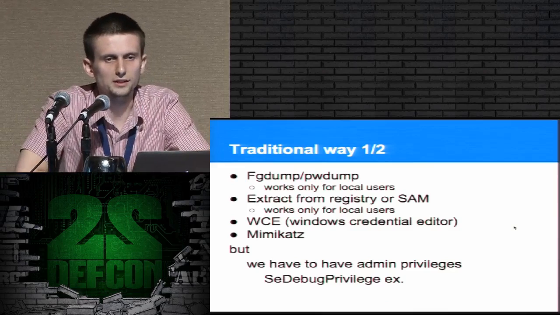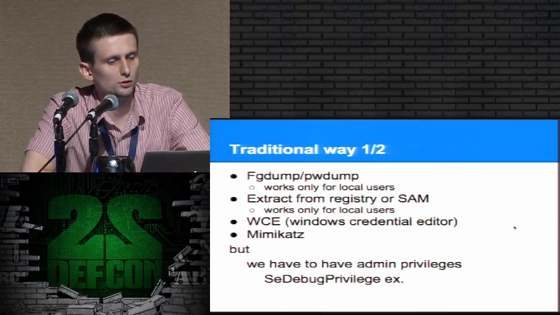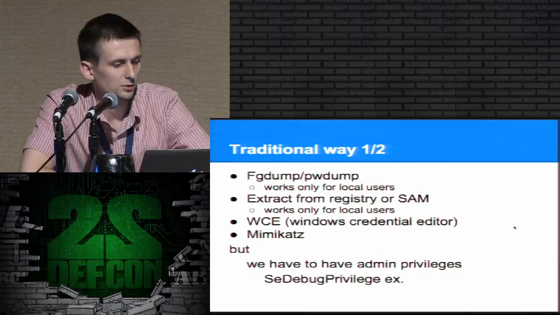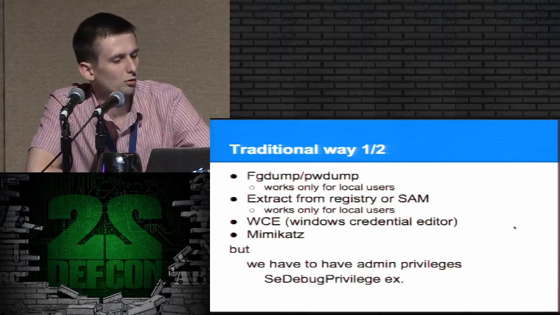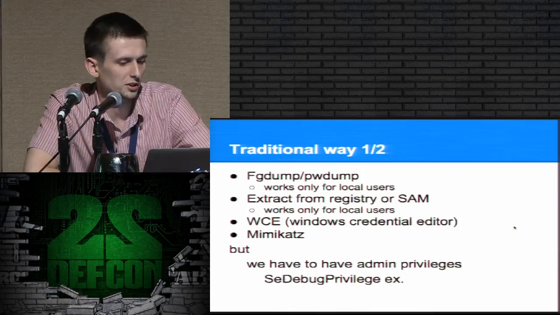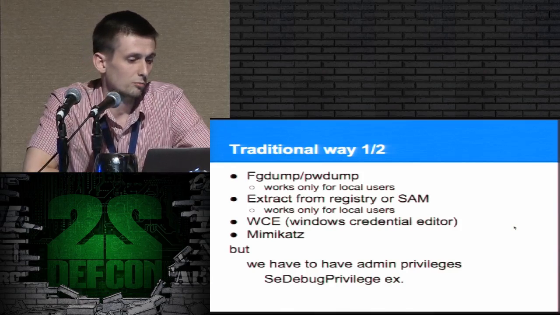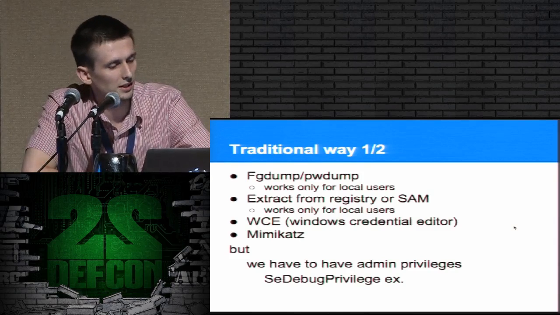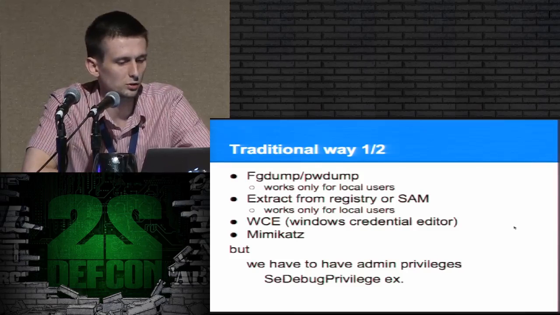What are the traditional ways to get the password of a user? Very famous tools like pwdump or Mimikatz or Windows Credentials Editor, or maybe you just extract not passwords but hashes of passwords from the registry or SAM file.